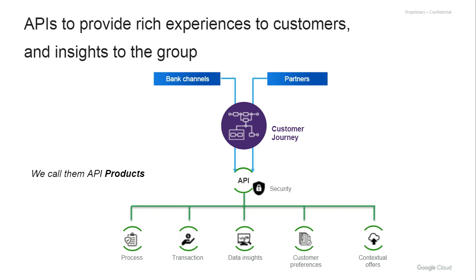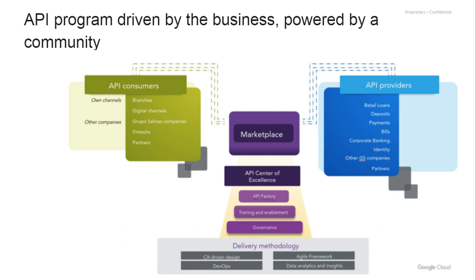So the API itself, our API products, as we call them, is not only a mere transaction. They are processed and encapsulated with business rules that bundle a lot of data to be gathered and exploited afterwards to understand what the customer preferences are, how they want to be served, where exactly, at what moment, and working with that data to ensure we can provide contextual offers and provide value exactly where our customer needs us.